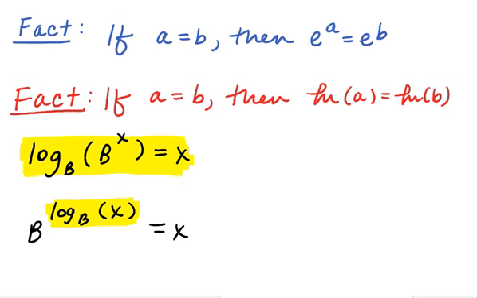Well, I'm going to put that special exponent on b, and I'm going to get x. That's basically what it's saying. And this is basically the technique that we're going to use to solve all of these equations.